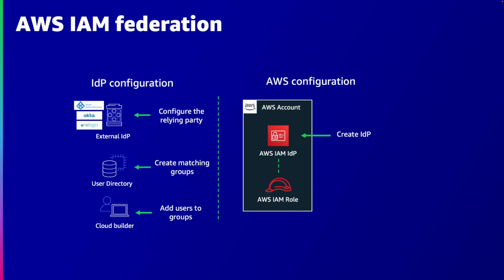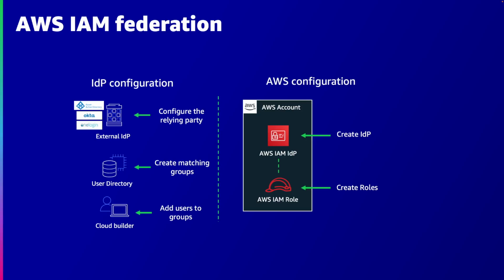On the AWS side, we also need to configure the IDP, the identity provider, so AWS will understand which IDP we are using. And we also need to configure different roles, the IAM roles, so we can define the permissions and resource access level for different users or user groups on the AWS side.